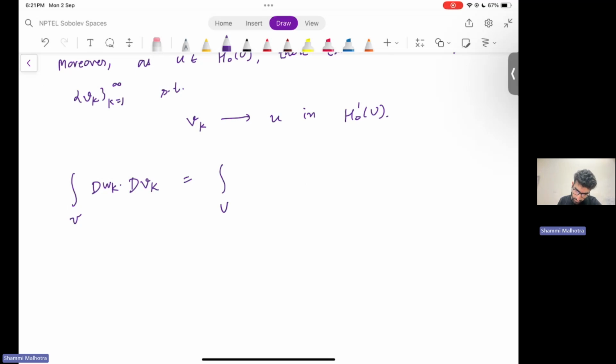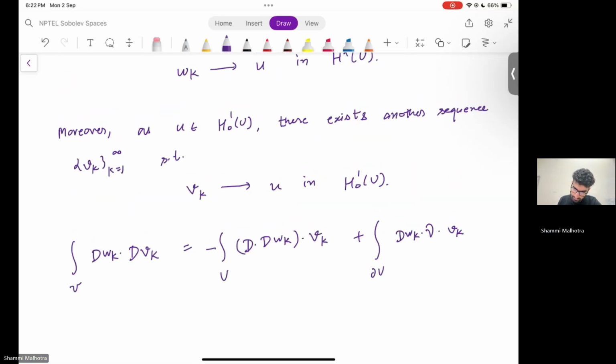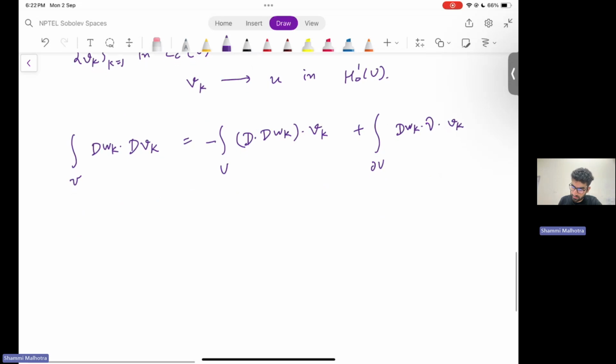So I can write this as the integral over U of div of (Dw_k times v_k), by integration by parts, plus the boundary integral of Dw_k times the unit normal times v_k. But as we have v_k in C_c infinity of U, that is why this boundary integral vanishes.